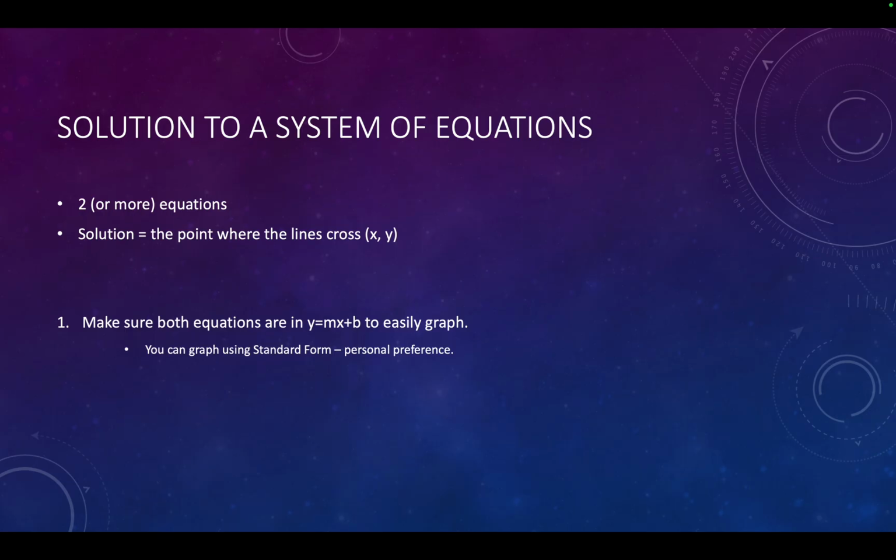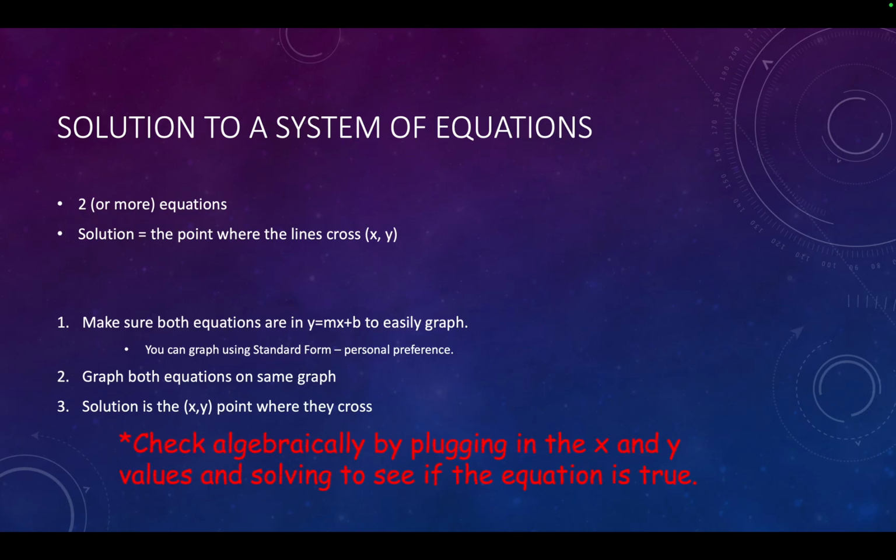That's your personal preference. Up to you. Graph both equations on the same graph. The solution is the xy point where they cross. Check algebraically by plugging in the x and y values and solving to see if the equation is true. Reminder to pause the video if you need more time to copy these notes down.